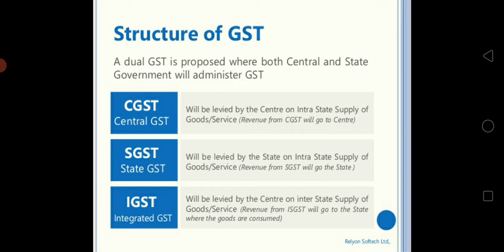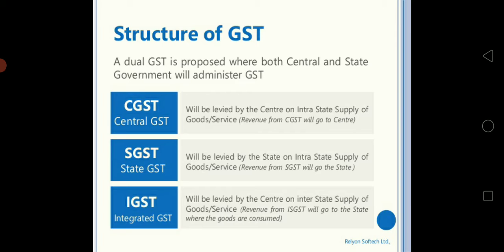That means both center and states will levy the tax concurrently. It would consist of two components, one levied by the center, that means CGST, and the other levied by the states and union territories, SGST. However, the base of tax levy would be identical.